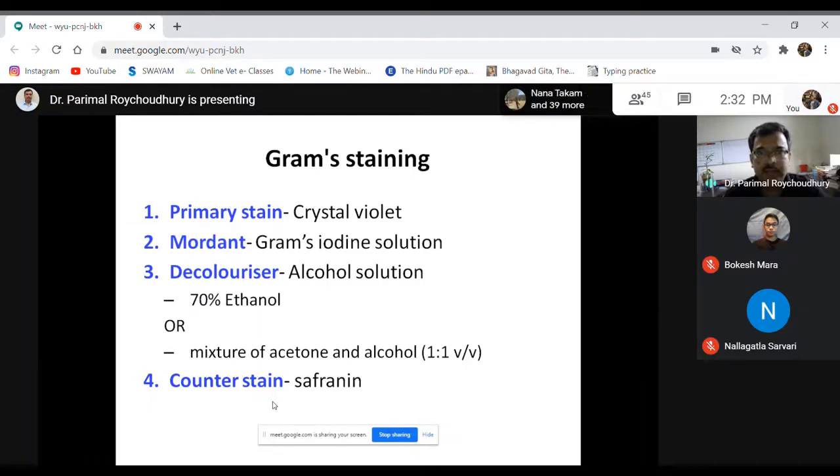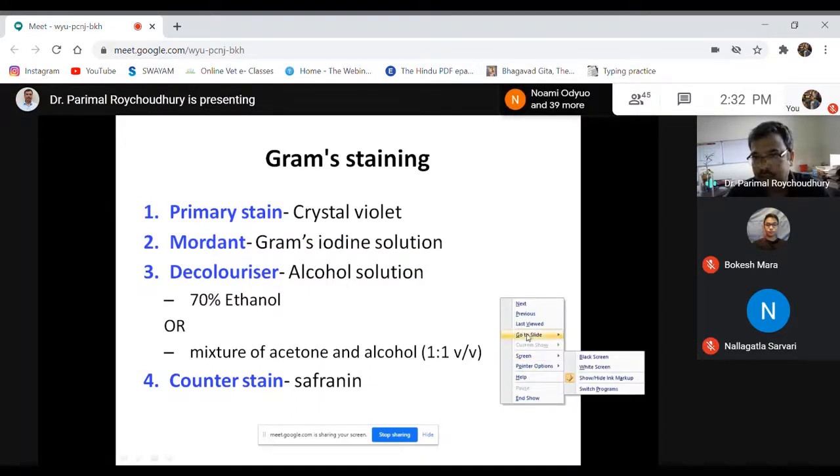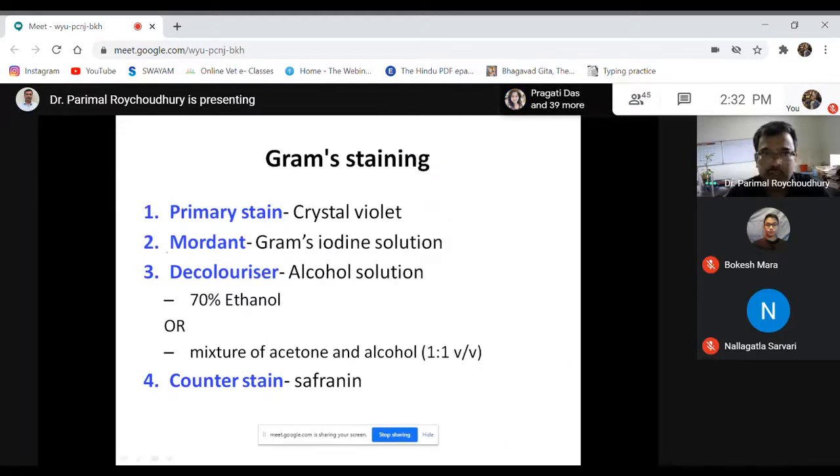So the second component of the Gram staining is called mordant. What do you mean by mordant? These mordants are certain chemical or physical agents which help in fixation of the primary stain. We call them mordant. Let me repeat it.